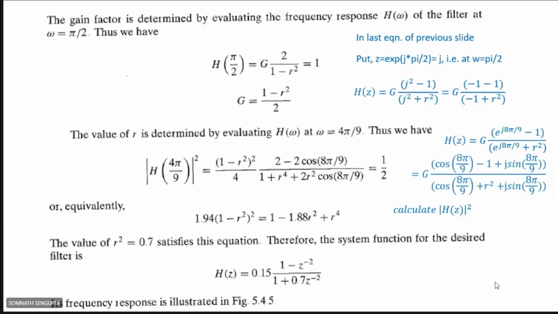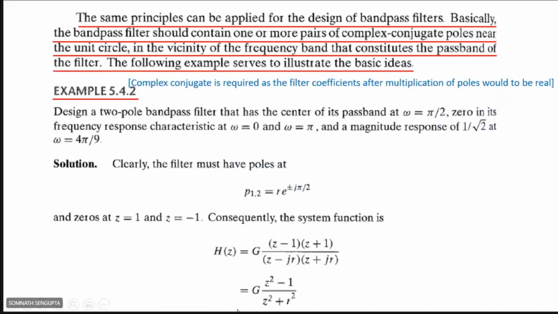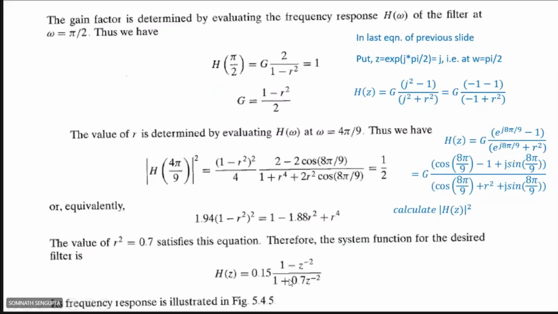Now next, we are told that at pi by 2 the gain should be 1. So at pi by 2, in this expression, in place of Z we put Z is equal to e to the power j omega, and omega is equal to pi by 2.